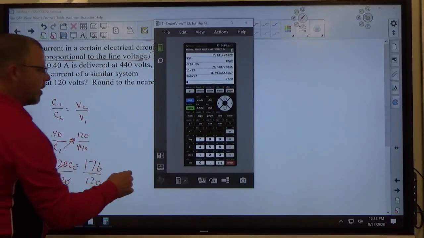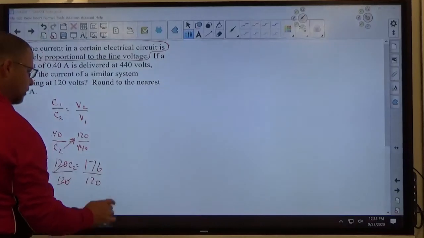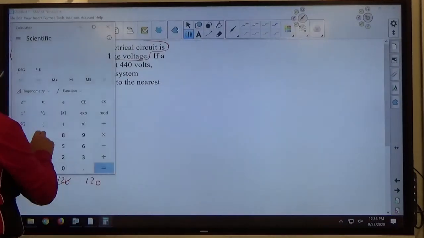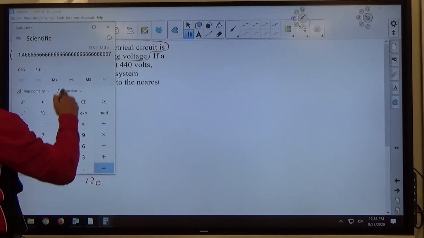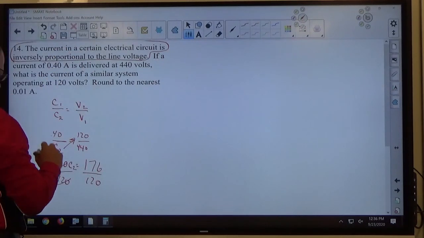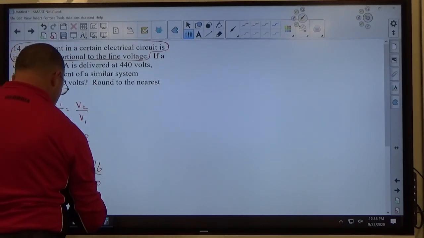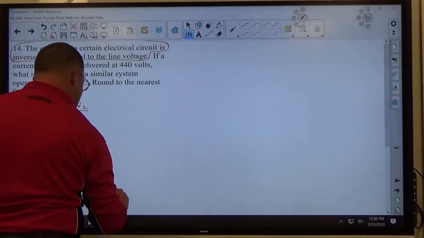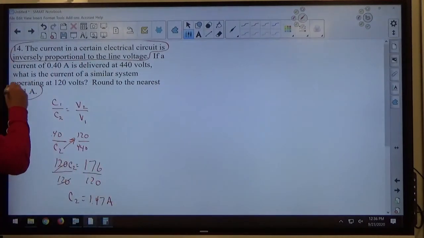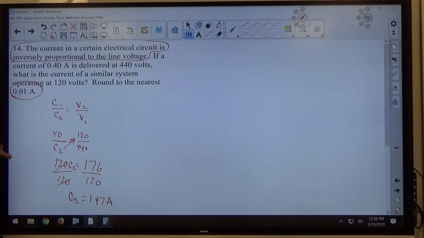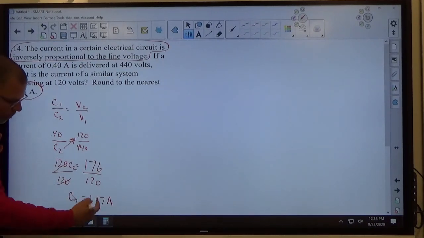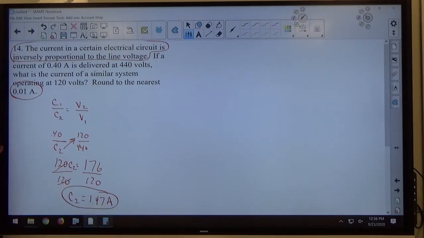And 176 divided by 120 comes out to 1.47. So C2 is equal to 1.47 amps. It says round to the nearest 0.01 amps, so round to 2 decimal places. I got 1.4666666666, right? So 1.47 is what it rounds to.